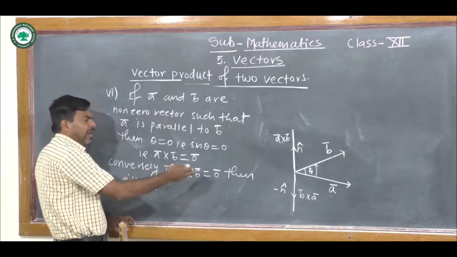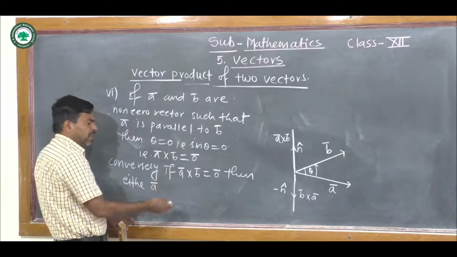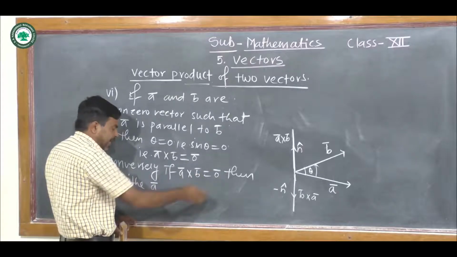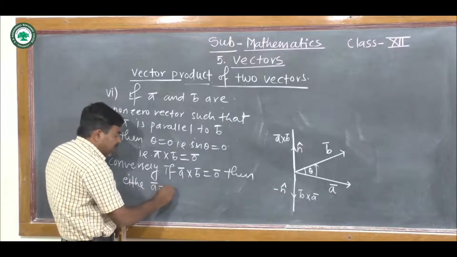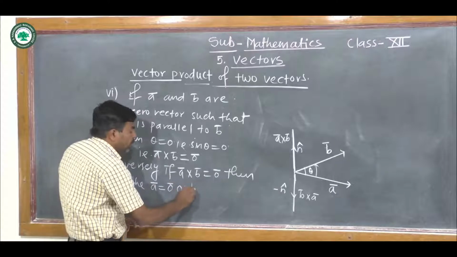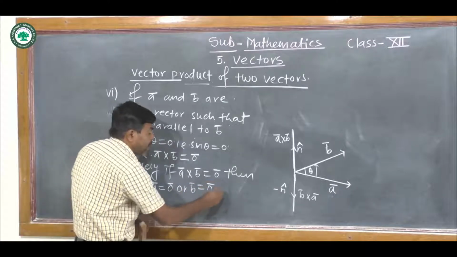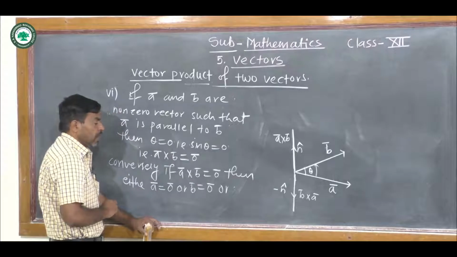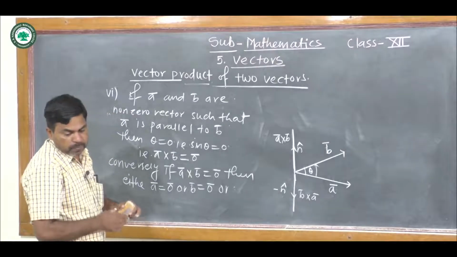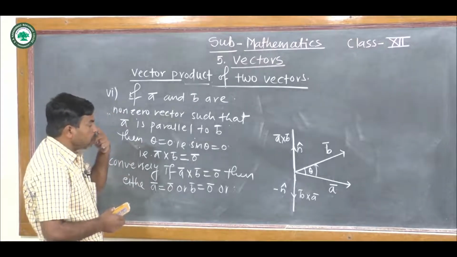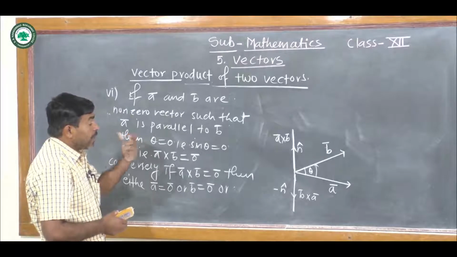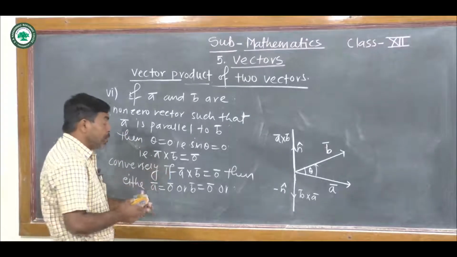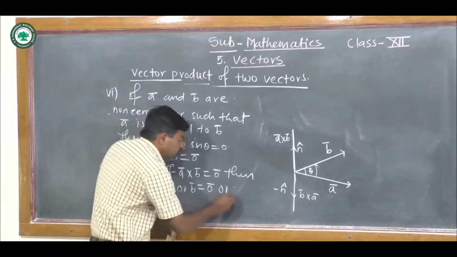Simply, A bar and B bar are any two vectors given to us and their cross product is the 0 vector, then either A bar is the 0 vector, or B bar is the 0 vector, or A bar is parallel to B bar, which means the angle between them is 0, theta is equal to 0.